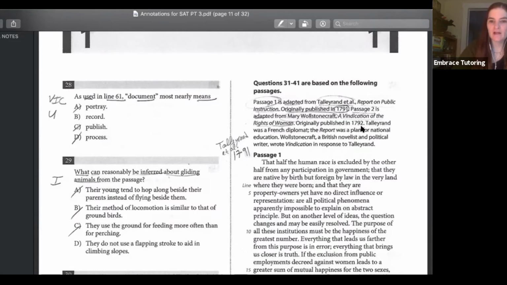Okay, so Talleyrand was a French diplomat. The report was a plan for national education, and Wollstonecraft, a British novelist and political writer, wrote Vindication in response to Talleyrand.